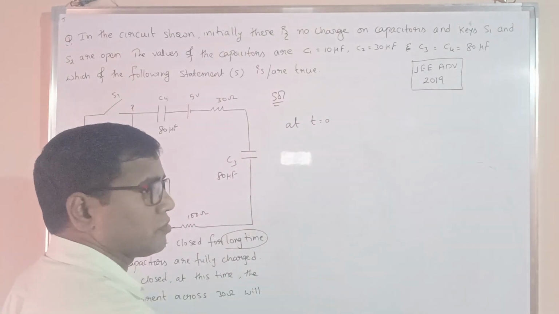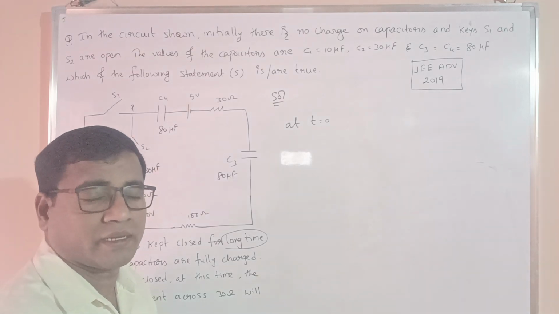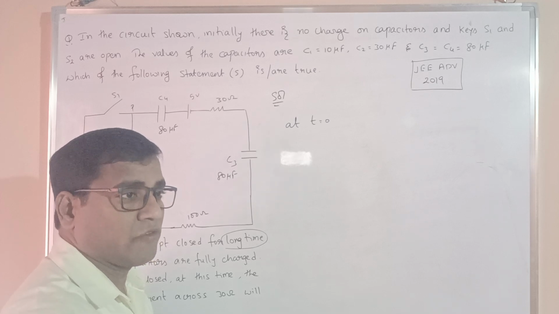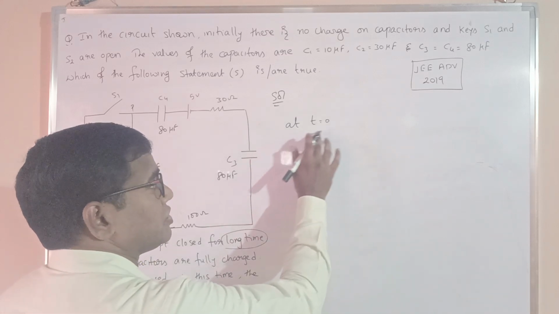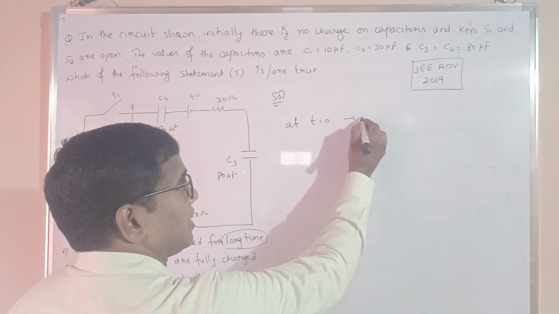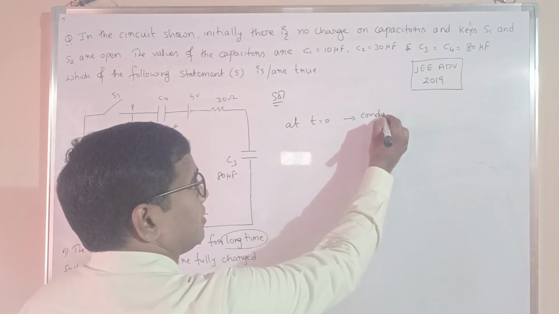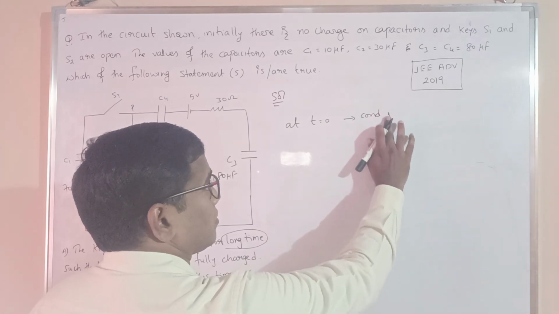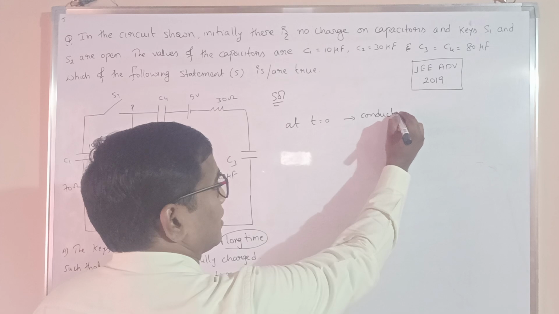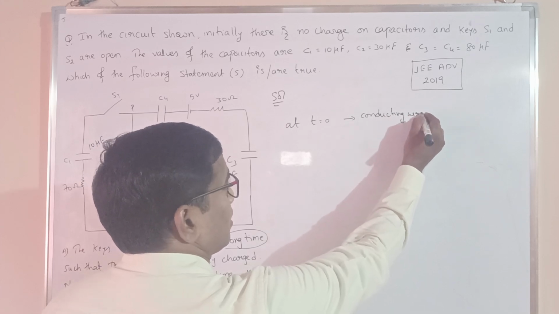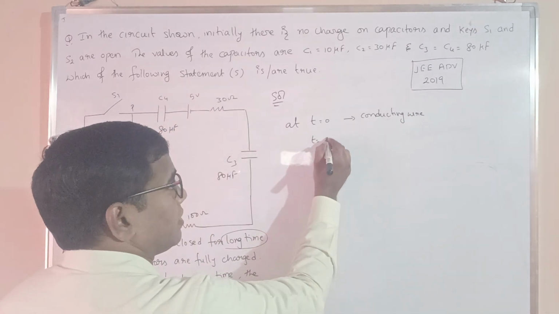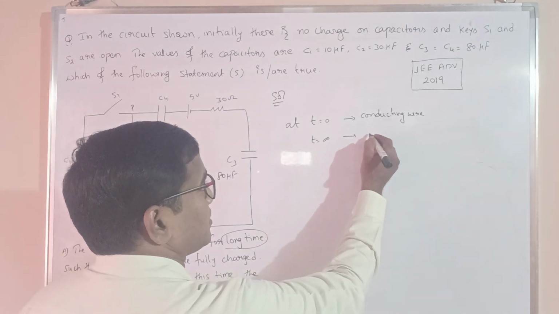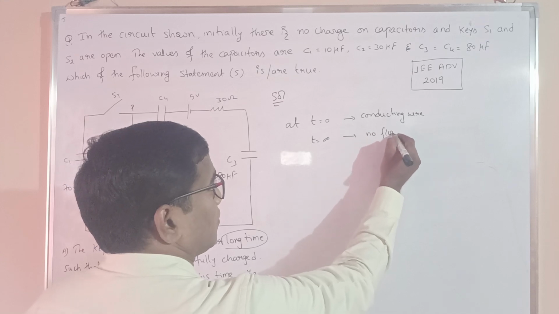At t equal to 0, the charging capacitor, which means initially it is not charged and now we are going to charge it, behaves as a conducting wire. And at t equal to infinity, the capacitor acts as an open circuit, which means no flow of current.